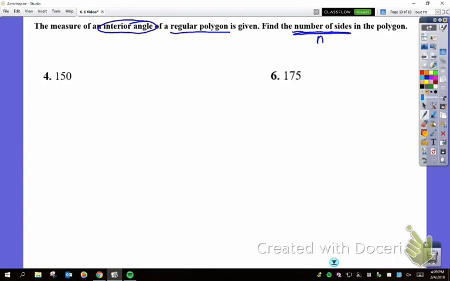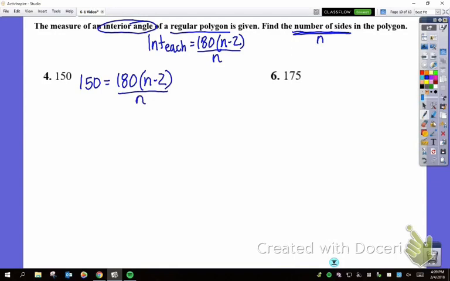Okay, so again, our formula for the interior each equals 180(n minus 2) divided by n. Now here they give us the each interior angle, which means we have 150 equals 180 times (n minus 2) divided by n, and we're trying to find n.